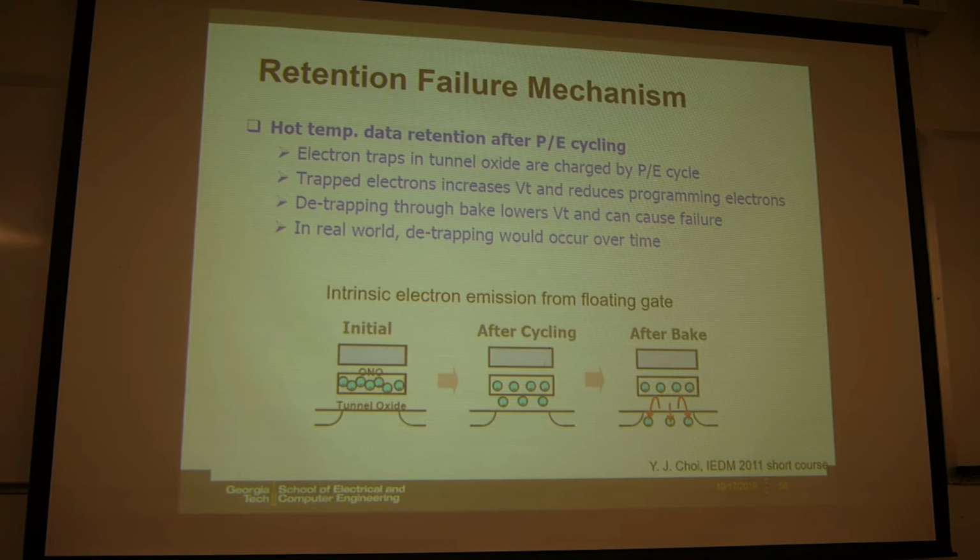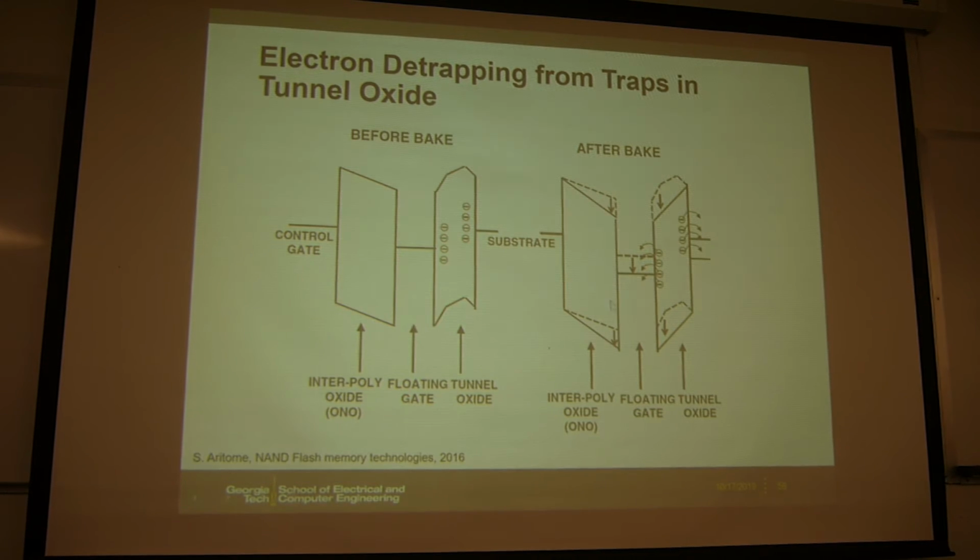So this is due to this temperature-induced detrapping process. And with the cycling we discussed before, some of the electrons will be trapped in the tunnel oxide. So after bake, that means after going through a high temperature process, those electrons will go out.